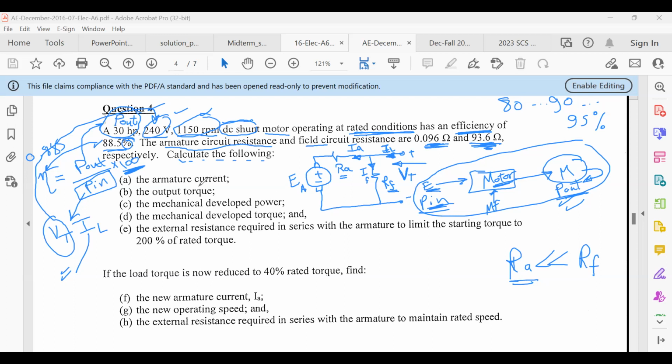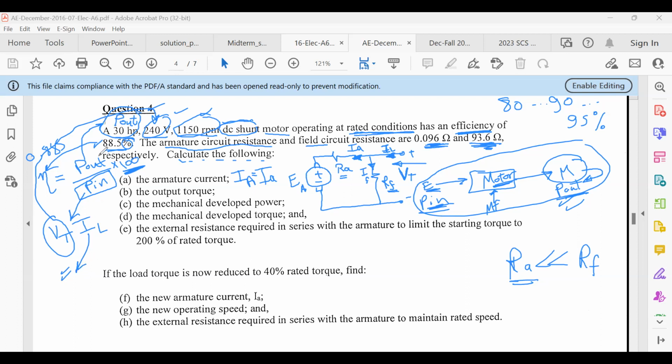So the first point is to calculate the armature current, IA. Sometimes I write it in capital or small, it doesn't matter. It's the armature current, the current here. To calculate this current, I already calculated IL, right?